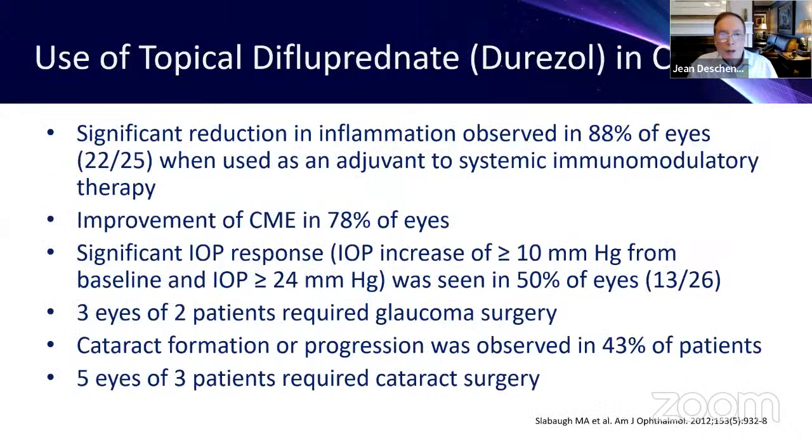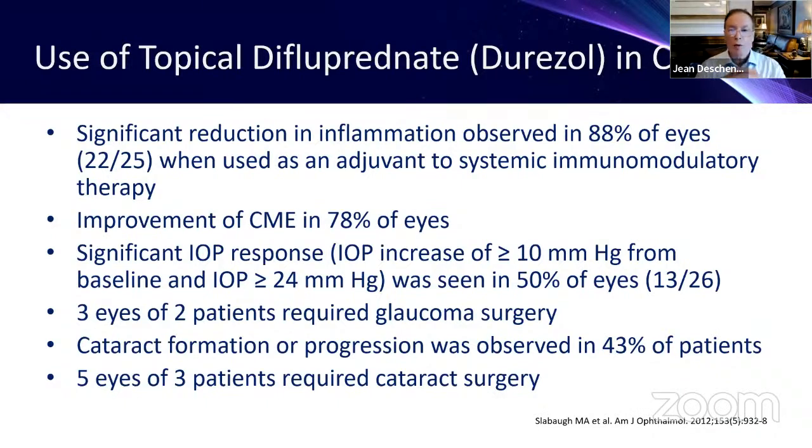Now, Durezol is a very good, potent corticosteroid, but it's dangerous. I'm very worried when Durezol is started by somebody else in our hospital and they delay sending me the patients. I often see a very high increase in intraocular pressure, like 30 or even over.